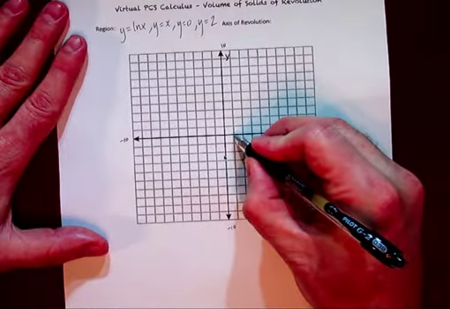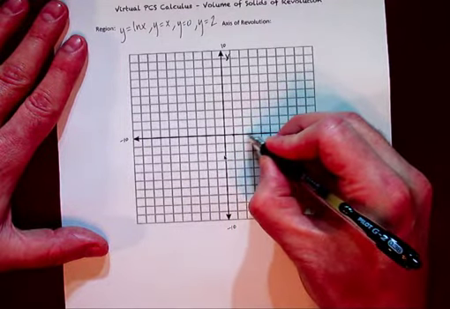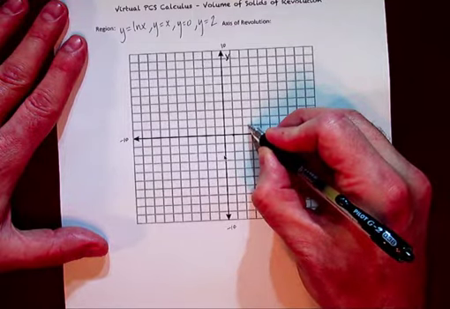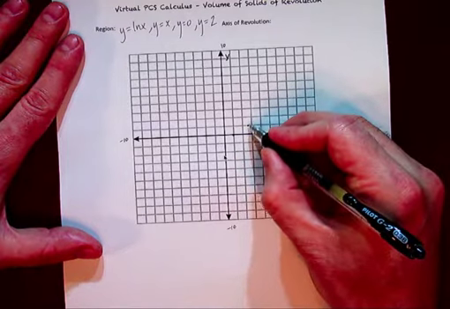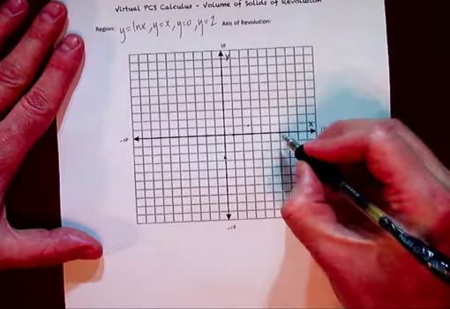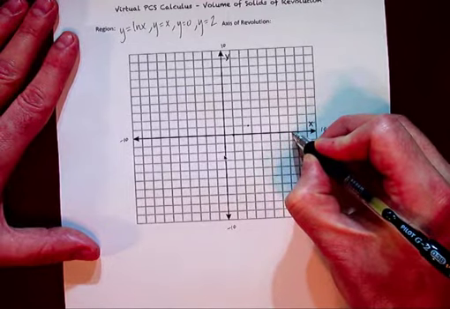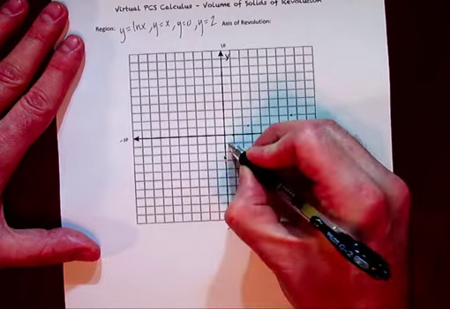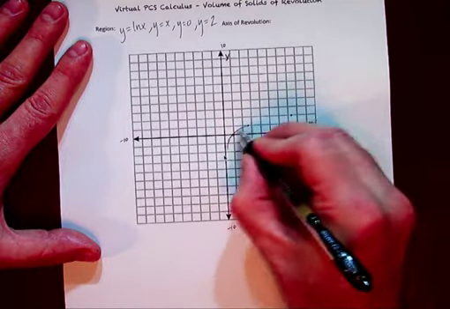Remember, natural log goes through that point (1, 0), and then it doesn't get to 1 until e. So at about 2.7, which is e, it hits an output of 1. And then e squared is somewhere, if memory serves, about 7.2. So 7.2 winds up being that. And so let's go ahead and sketch.